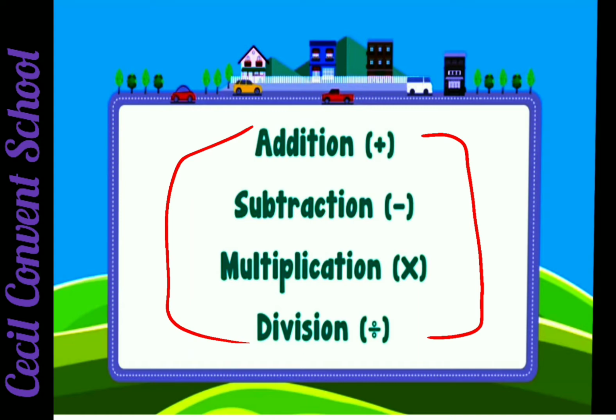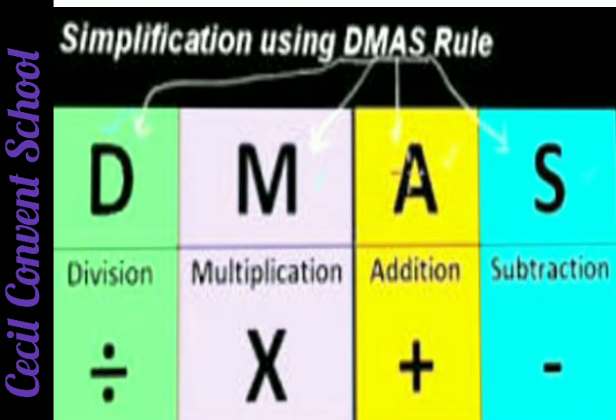So one order of doing the operations is very important, and the order is decided on the basis of one rule, and that rule is called DMAS, where D means division, M means multiplication, A means addition and S means subtraction. Means first of all we will do which operation? Division, and after that multiplication, then addition, and at the end subtraction.